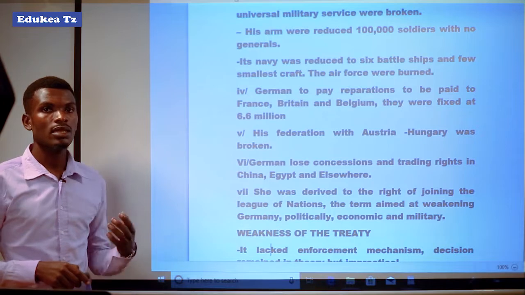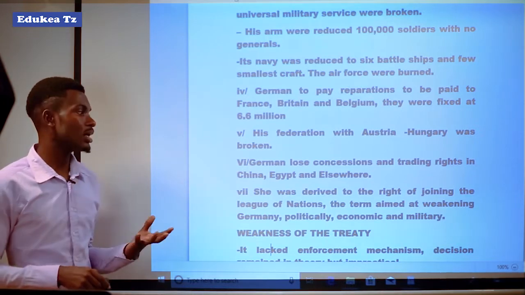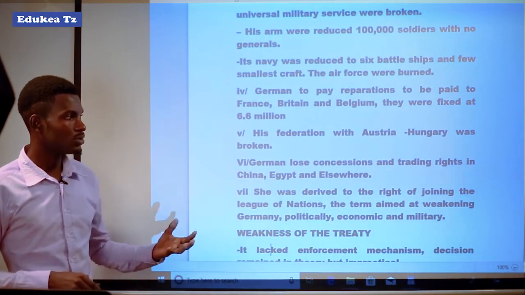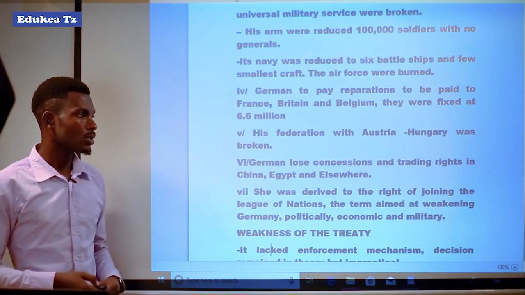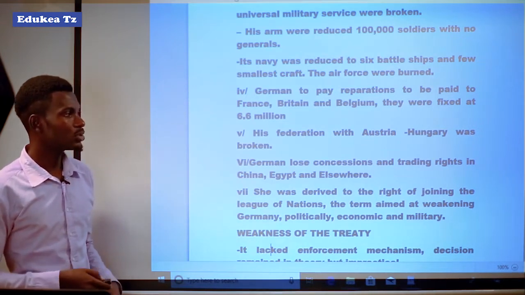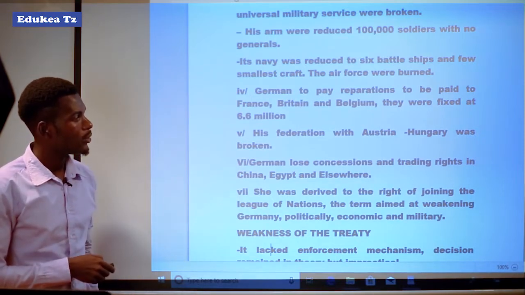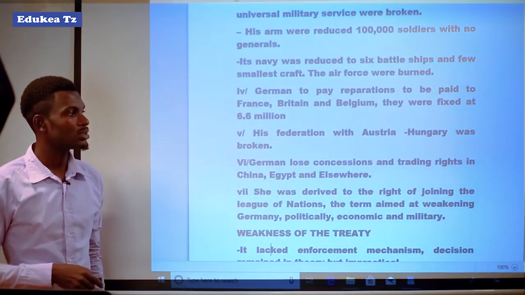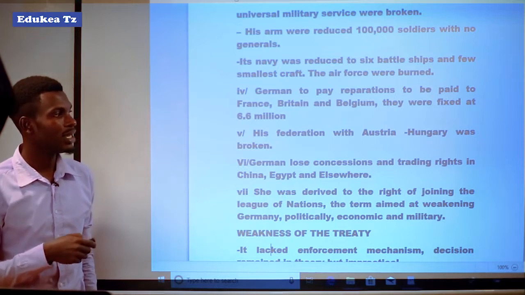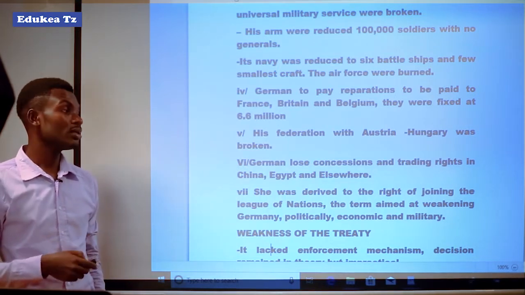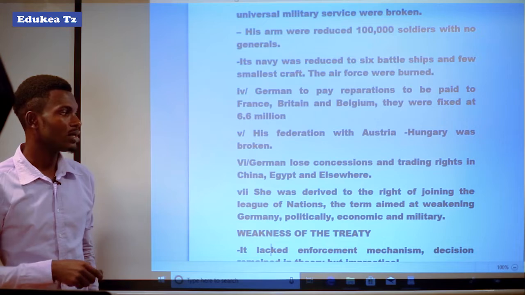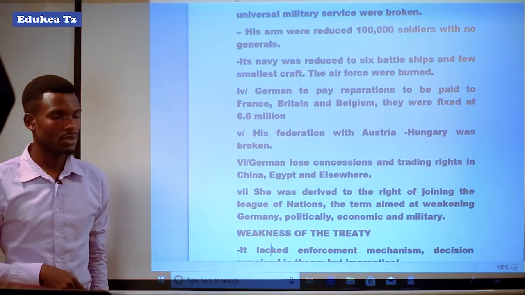It means that Germany had to lose the right to make trading activities with China, Egypt and elsewhere.